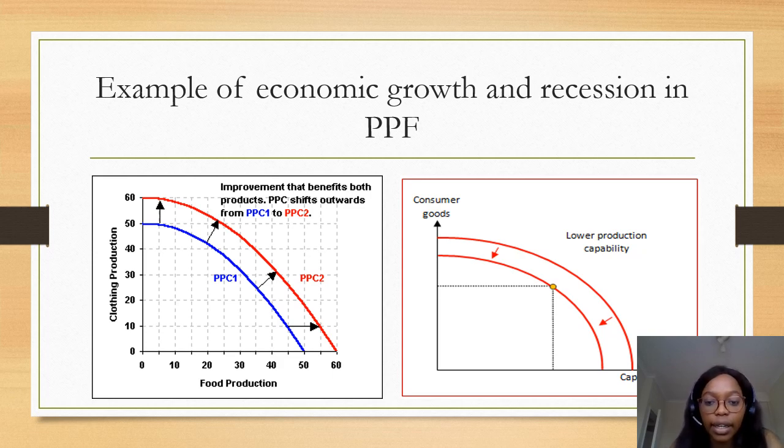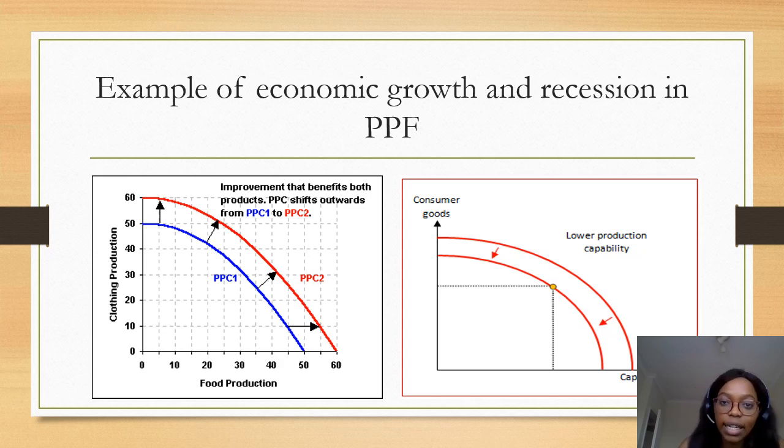And when we rely on the assumption that economic conditions cannot change or remain the same, what will then happen? If you want an increase in production of one good, you need to sacrifice the production of the other good.